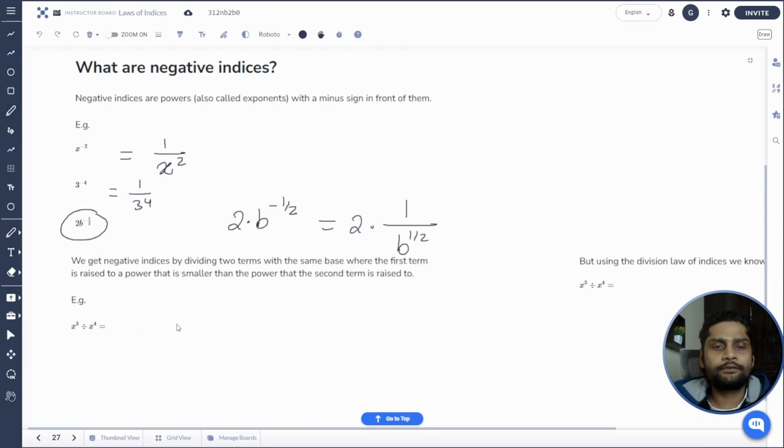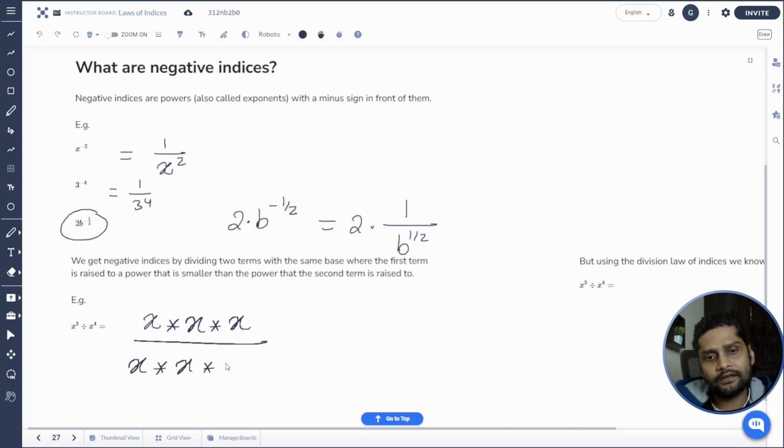To justify this rule, students, we can consider negative indices to be obtained when we have to divide terms in such a way that the denominator's exponent is greater than that of the numerator's exponent. So in that situation, let's say we have x raised to the power of 3 divided by x raised to the power of 4. As you notice, 3 x's will get cancelled and we'll be left with only 1 over x.